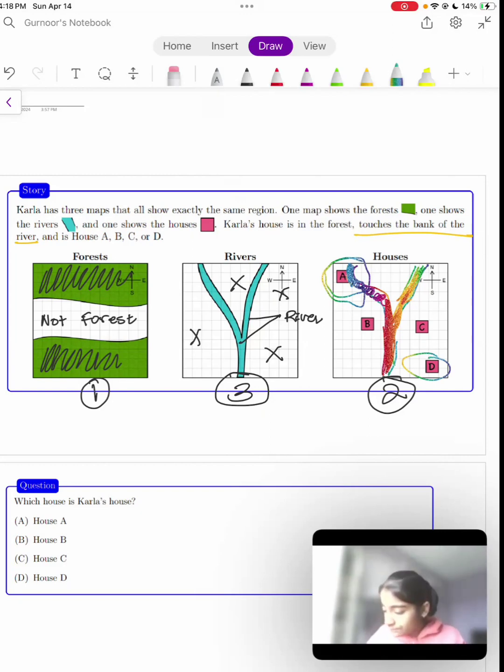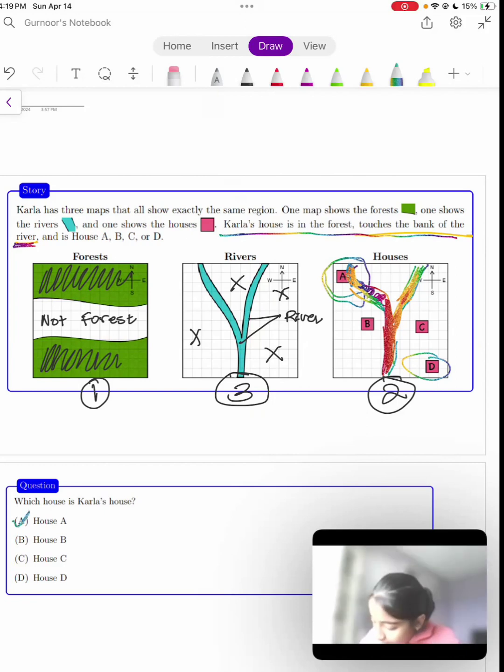Thus, since it follows all the conditions given in the question, Carla's house is house A.